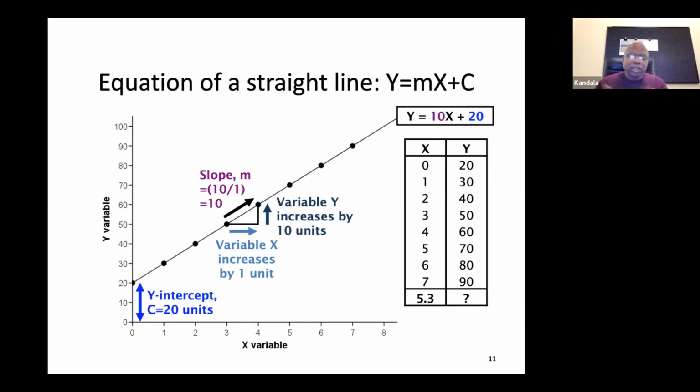One health example of this: I did mention that when fitting a linear regression, you are really trying to find the best fit line. You can see here our Y, which may be any health outcome, and in our case maybe government spending on health. And the X here is the independent variable, which is unemployment.